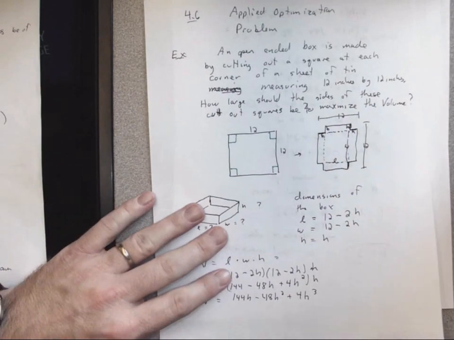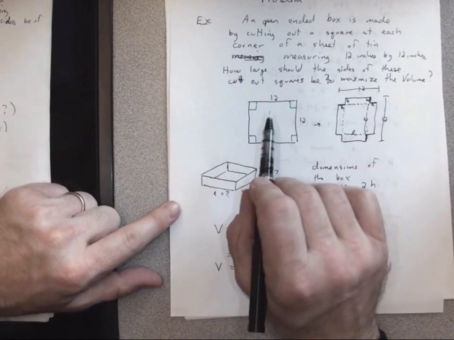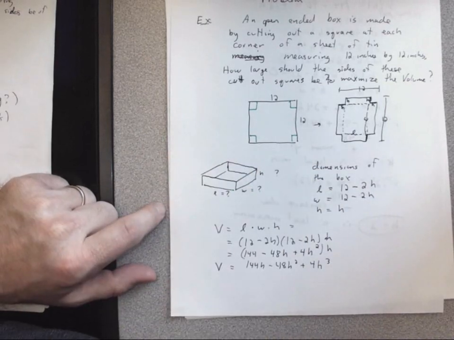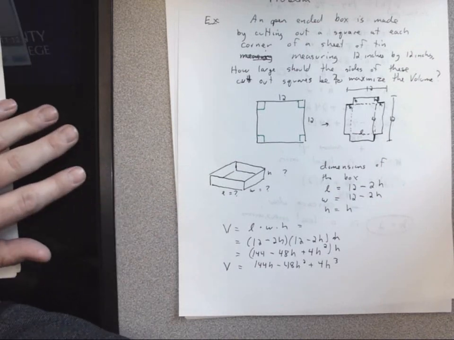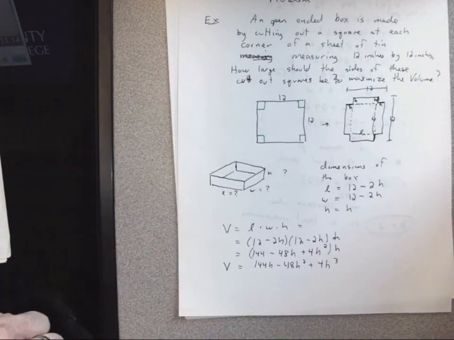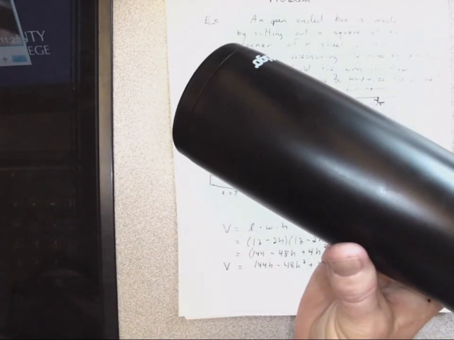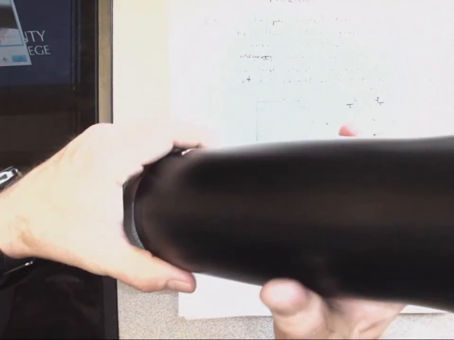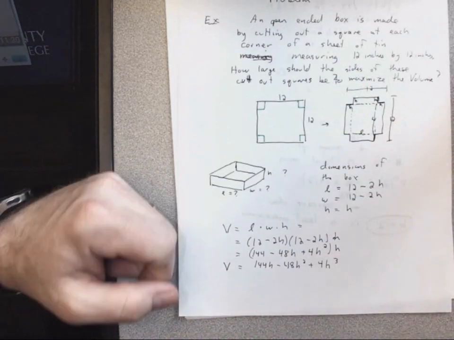Now if we go back and have a look at this box, what's interesting is that when you change the size of these squares, the volume actually changes, so that you can maximize everything. What's interesting is if you look at, for instance, a coffee can, or cans of pop, like Coke cans or Pepsi cans, why are all the shapes of our cans, or our waters, basically the same shape?